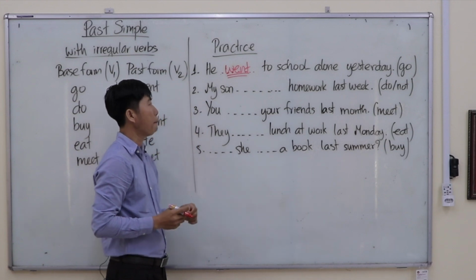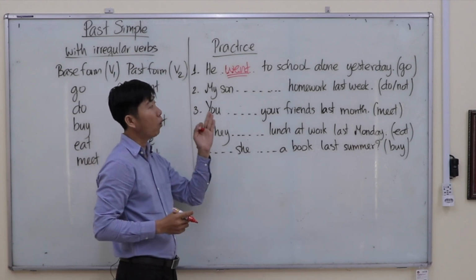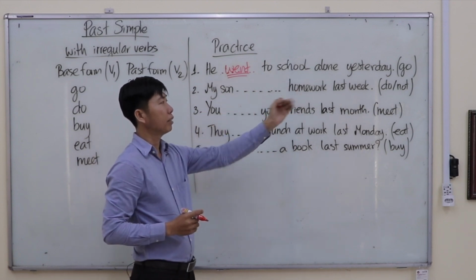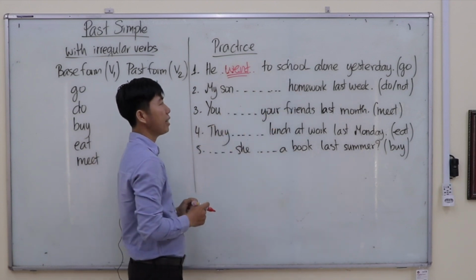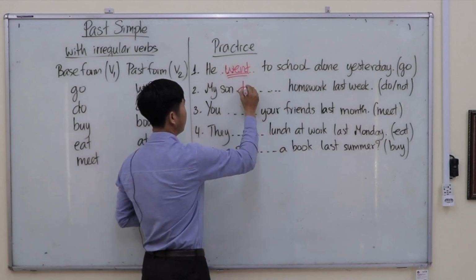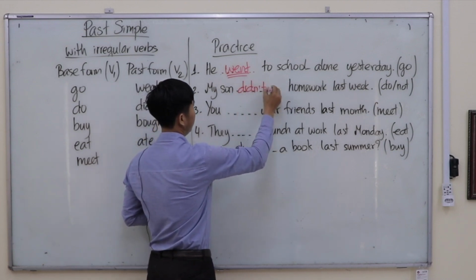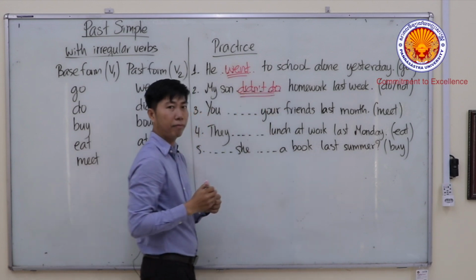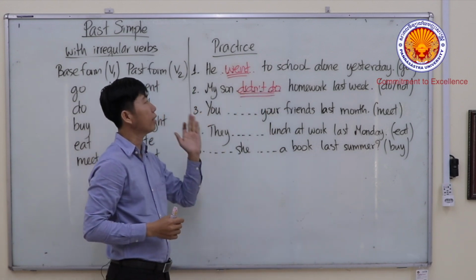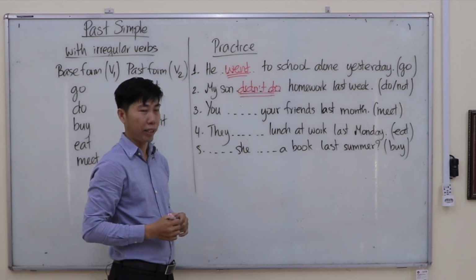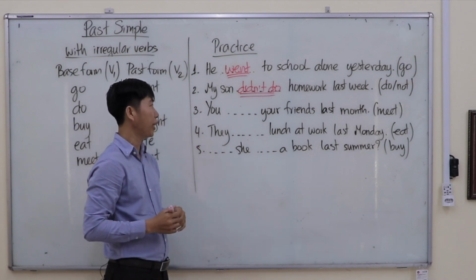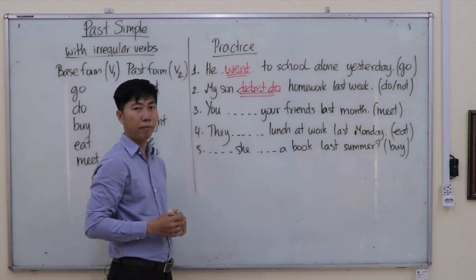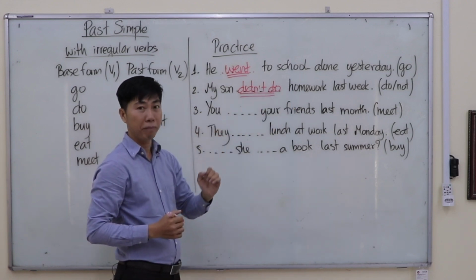Number 2, my son blank homework last week, and the verb given is do, negative. So the answer is didn't do homework last week. The correct sentence is my son didn't do homework last week. Number 3, you blank your friends last month, and the verb given is meet.